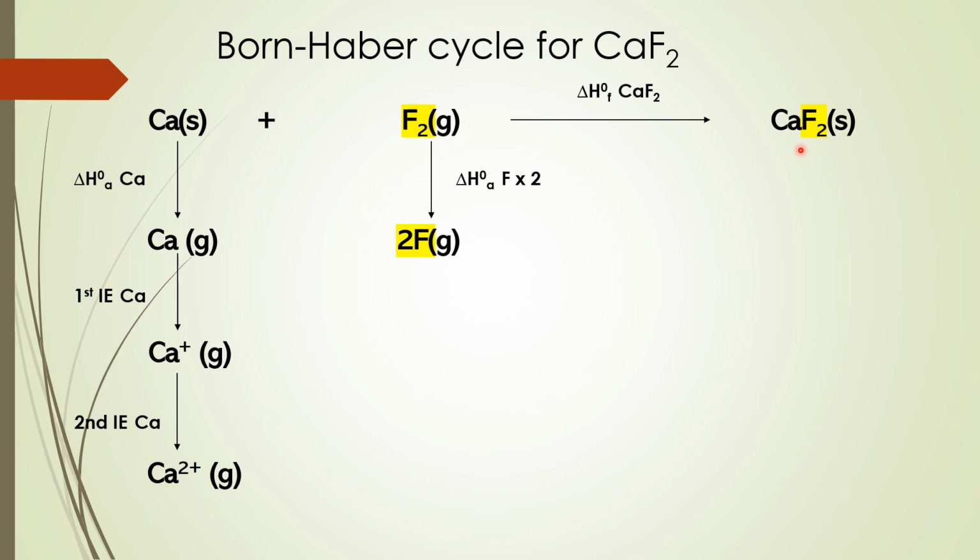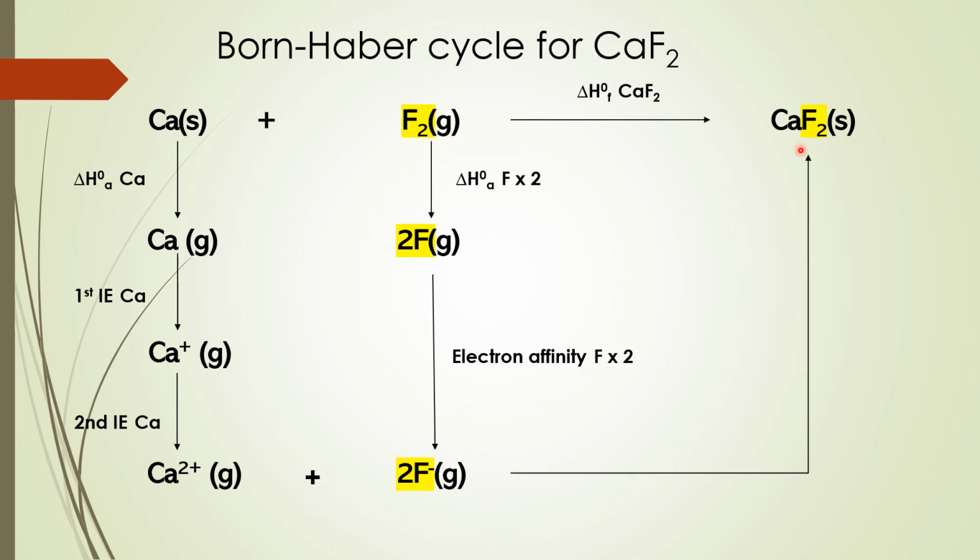Since we target to get 2 moles of fluoride ion, 2 moles of fluorine atom will be involved in electron affinity. So, the electron affinity needs to be multiplied by 2 also. Join the calcium 2+ and fluoride ion to get lattice energy.